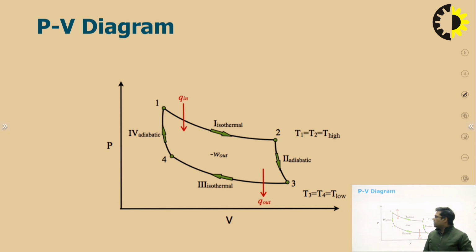For a better understanding of the Carnot heat engine cycle, it is represented in a PV diagram and a TS diagram.